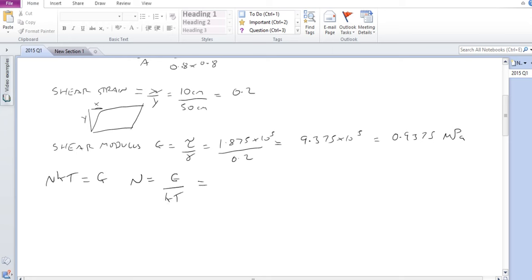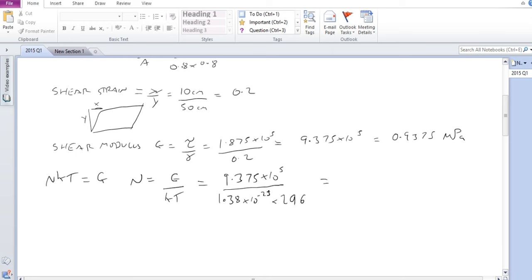In this particular case G is 9.375 times 10 to the 5. Keep everything in basic SI units here. k, the Boltzmann constant, is 1.38 times 10 to the minus 23, which is given in the formula sheet if you can't remember it, and T, the temperature, is 23 degrees, so that's 296 Kelvin.